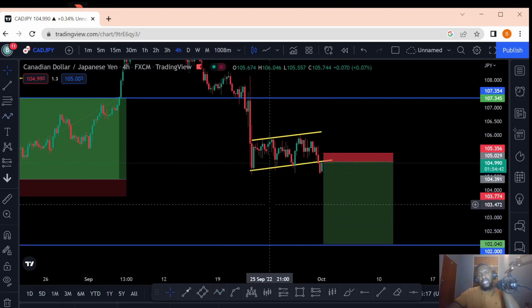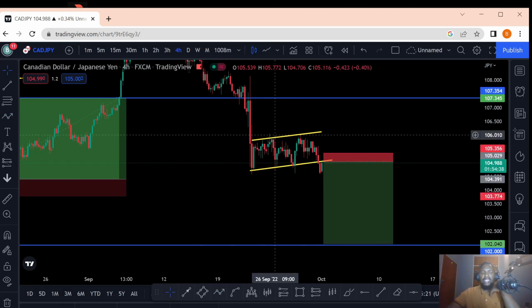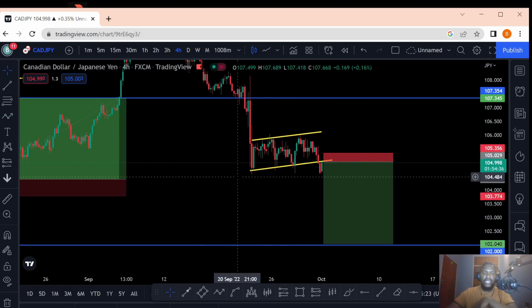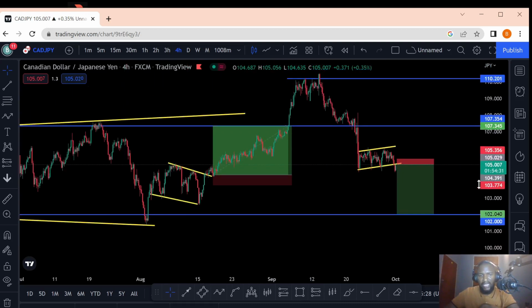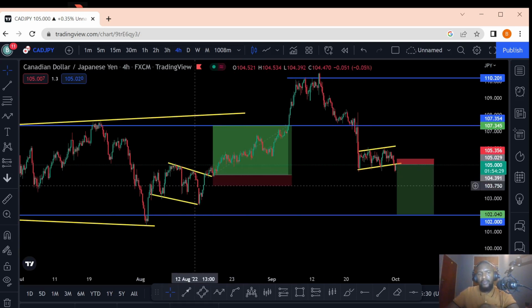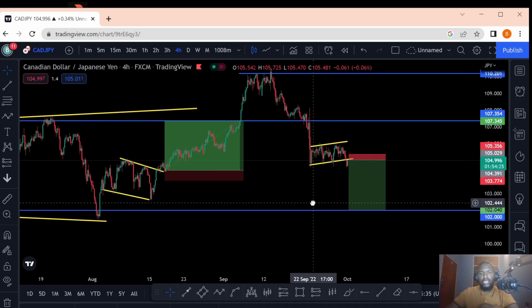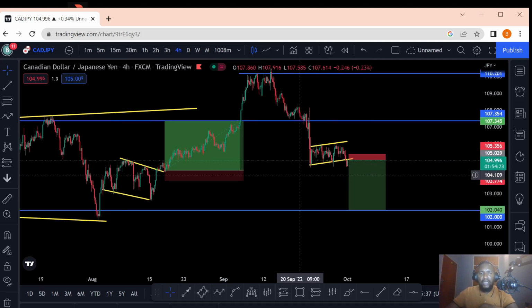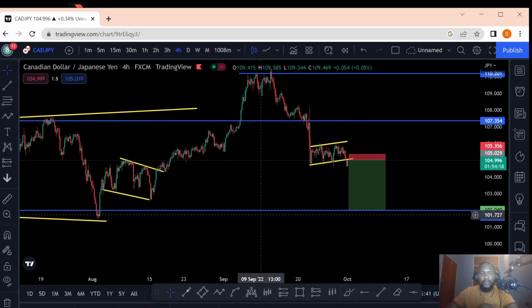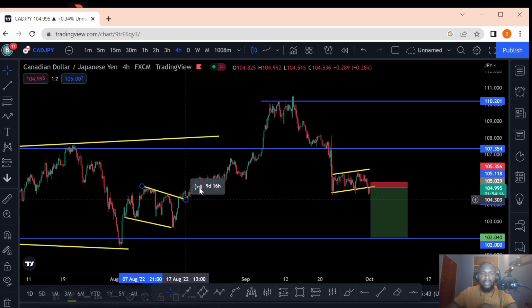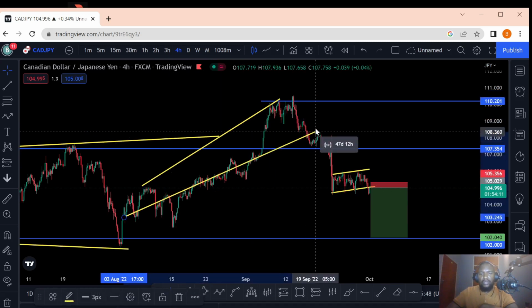So such types of movements, when we look into impulse correction, these are the highest probability trades to look into when you actually trade the forex market. And also when you check here onto the current market price, we are expecting some sort of impulse movement towards the downside, right?